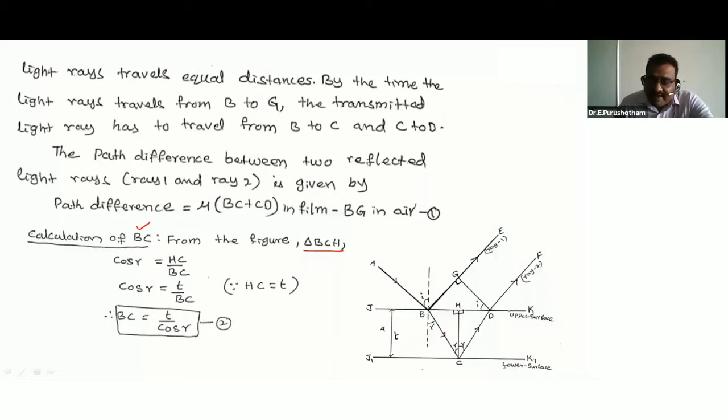What is this HC value? T, the thickness. So cos R is equal to HC by BC, T by BC. So BC is equal to T by cos R. That is equation number 2.